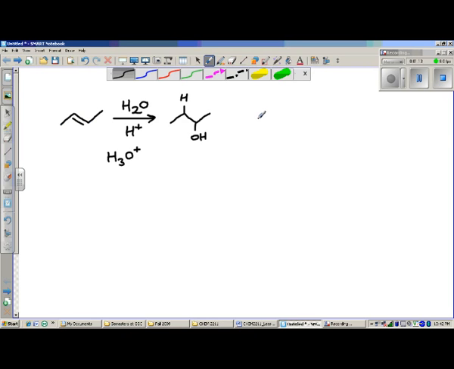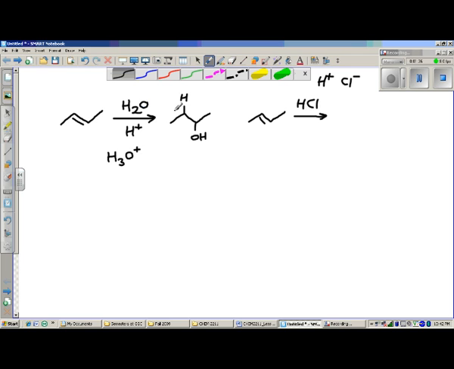And we can also talk about a similar reaction, because we're going to be seeing this later on. A similar reaction where we add in something like HCl or HBr. HCl, as you guys know, is a strong acid, so essentially it splits up into H+ and Cl-.